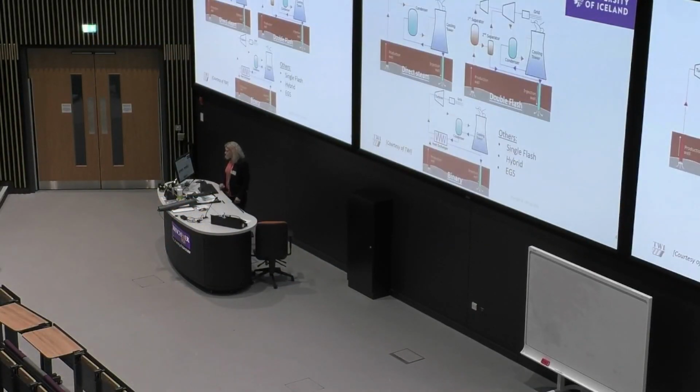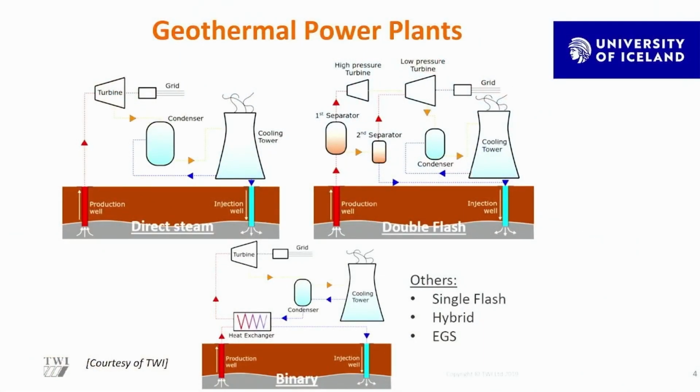So we have different geothermal power plant designs in utilizing the geothermal energy. Here you can see 3 schematics of different geothermal power plants, courtesy of TWI, which we have been working with on several European projects.